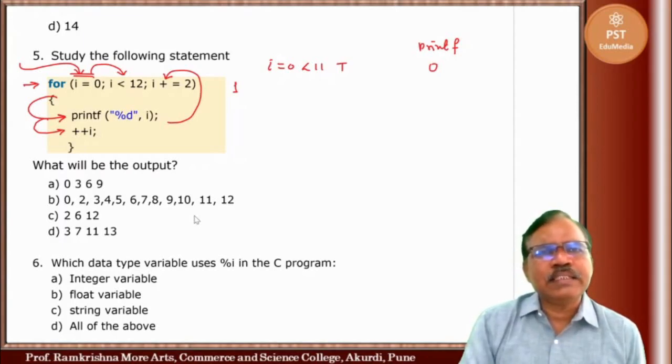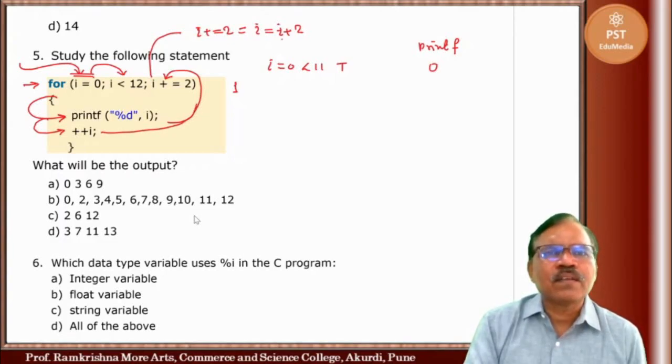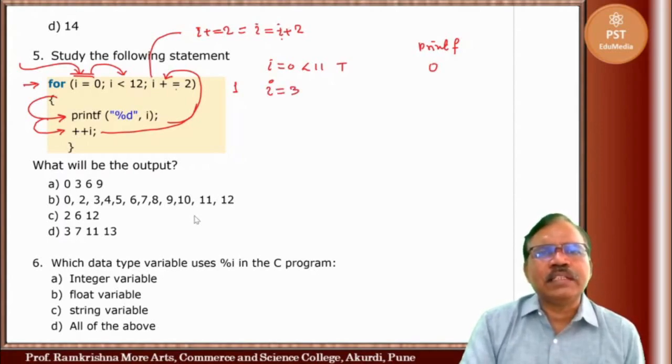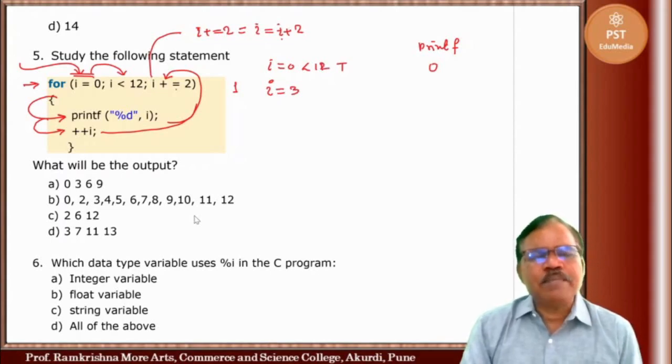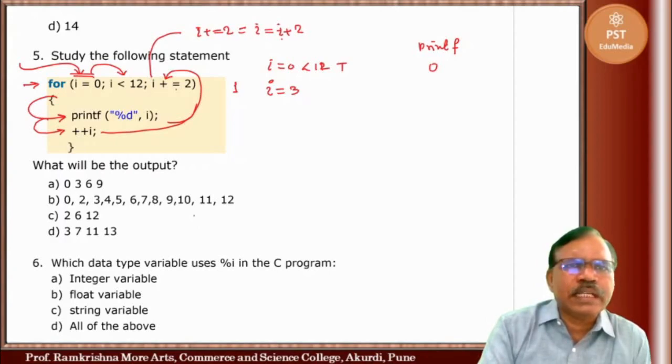What is that expression? i plus equal to means i equals i plus 2. But when it comes here, i is already 1, and plus 2, so i becomes 3. Then it goes to the condition.